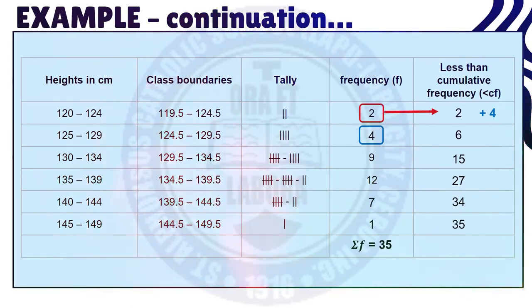So as you have noticed, our CF, or less than cumulative frequency, for the last class is equal to 35. And it has also the same value as our total frequency, which is also 35. So in this case, we have to make sure that the less than cumulative frequency of our highest class should be equal to the total frequency of our data.